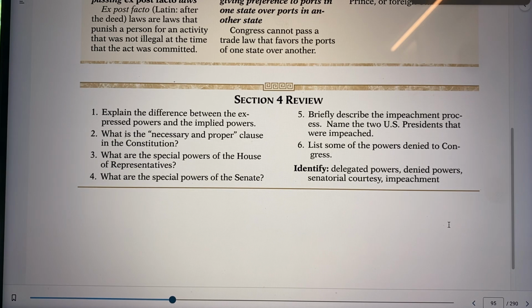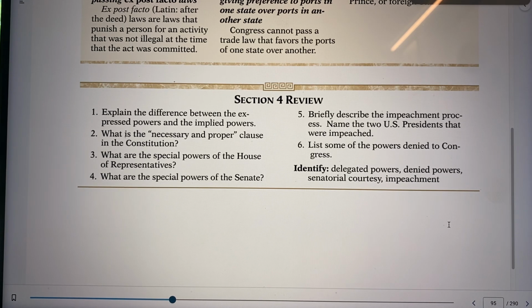The Senate conducts a trial, and they have to have a 2/3 vote. The House votes, appoints managers, writes articles, and then brings that case to the Senate, and the vote has to be 2/3 to remove a president or any government official.